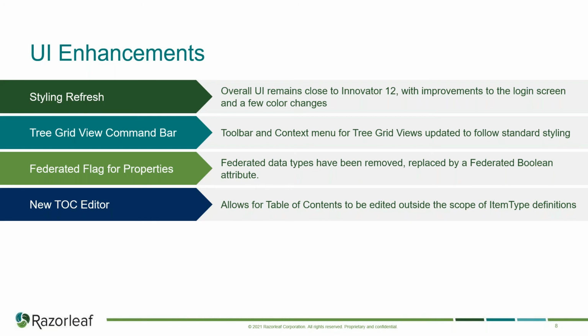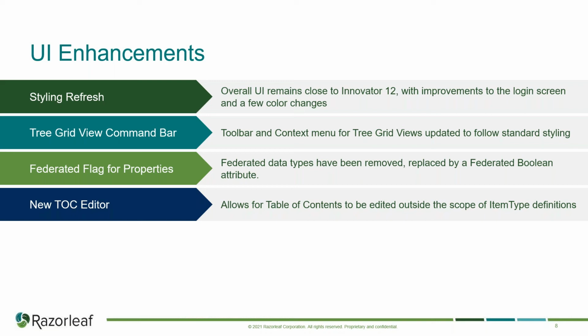Alongside this, with the new major release of Aras, we have new UI enhancements, of course. Not as drastic as from 11 to 12. The UI is pretty close to Innovator 12. There's improvements to the login screen, a few color changes. They also have upgraded the forms to have new coloring, just to look a little bit more modern.